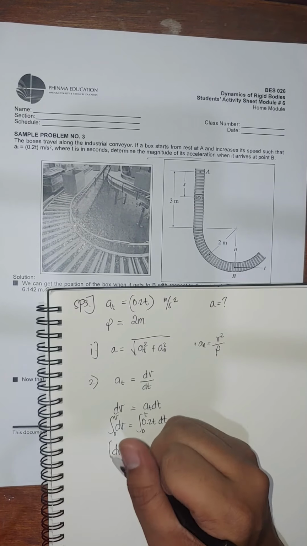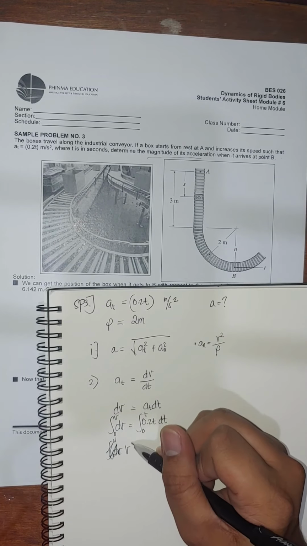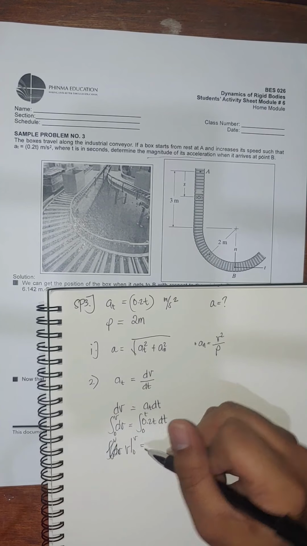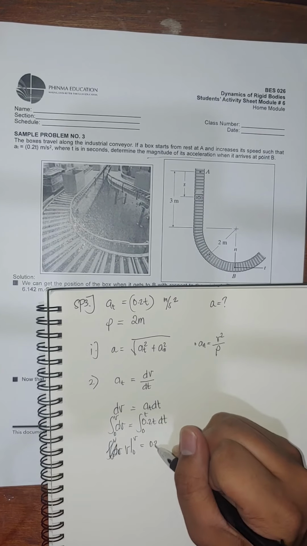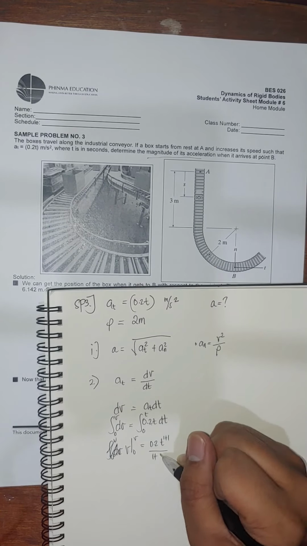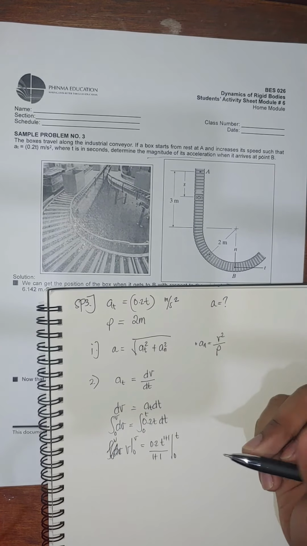So we have the integral of dv from 0 to v, and on the other side the integral of 0.2 t raised to 1 plus 1 over 1 plus 1, from 0 to time t.